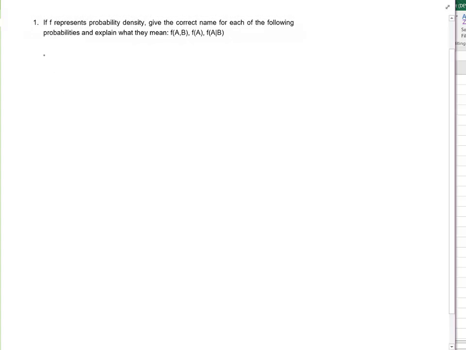So C, I think, is joint. Joint probability is sometimes called the combined probability of A and B. So this is the joint probability of A and B. It's the probability of each combination.